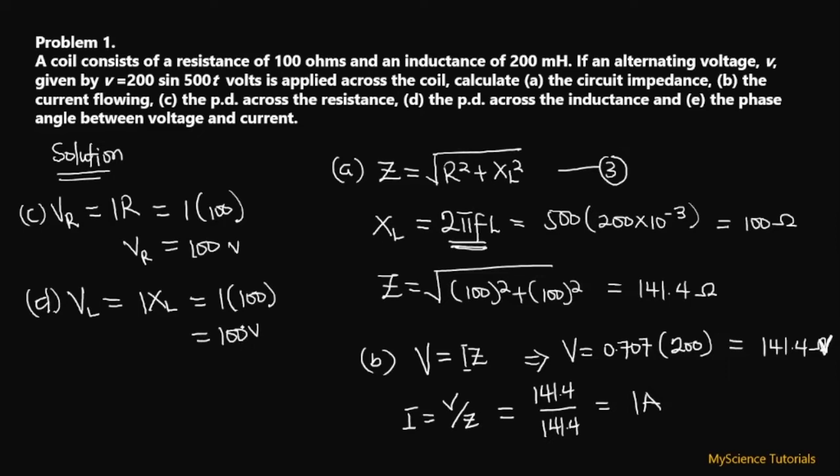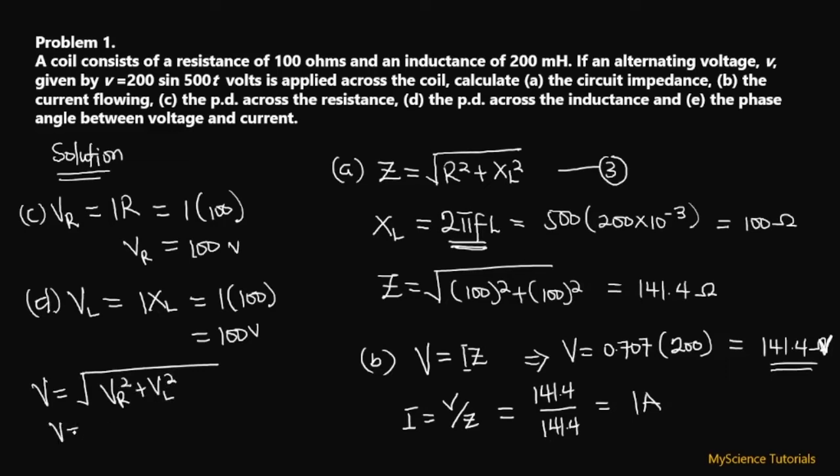All right, now we did some calculation over here, and then we said that our voltage, which is the applied voltage for the entire circuit, is 141. So if we do a quick cross check to see whether this is true, applied voltage is equal to the root of VR squared plus VL squared.